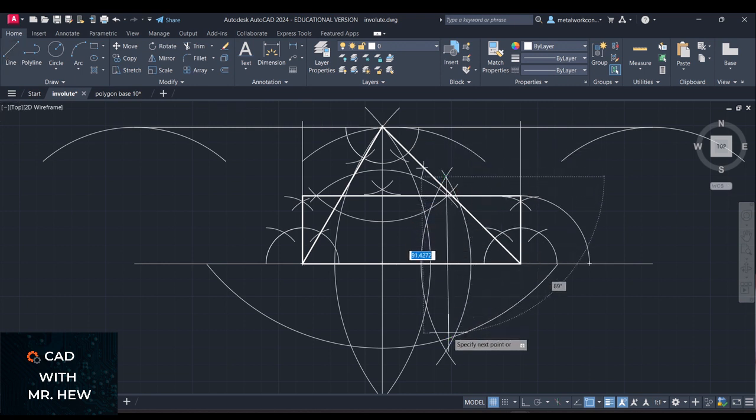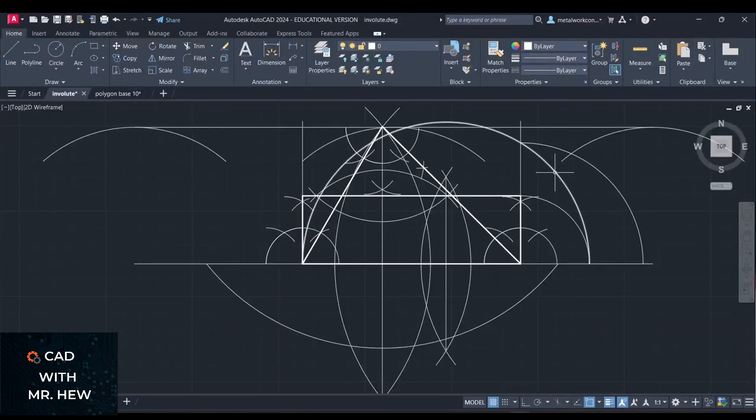So line, enter, right? The bisector that intersects the baseline of the rectangle will be the center for the semicircle. This will be the center, and the radius will be this corner of the rectangle. So let's do that.